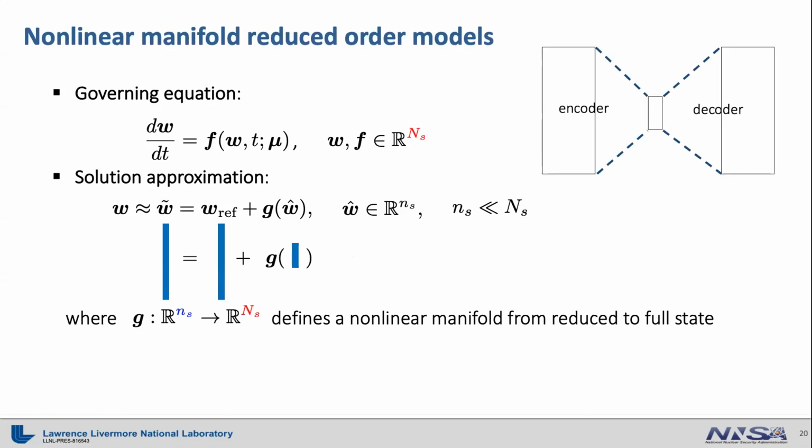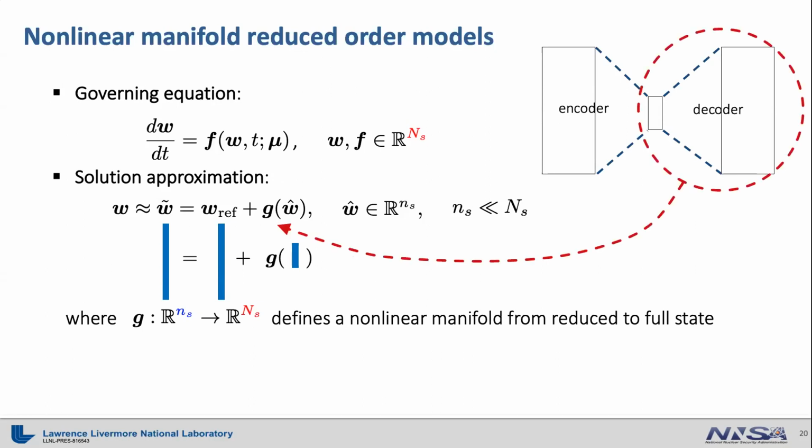The nonlinear map is obtained through autoencoder training with the solution data from the corresponding full order model simulations. Note that the decoder maps the latent space to the full order state, so it is perfect for our nonlinear map function g. So we use the decoder as the nonlinear map function.